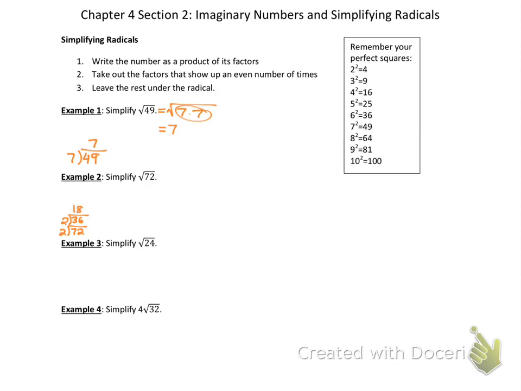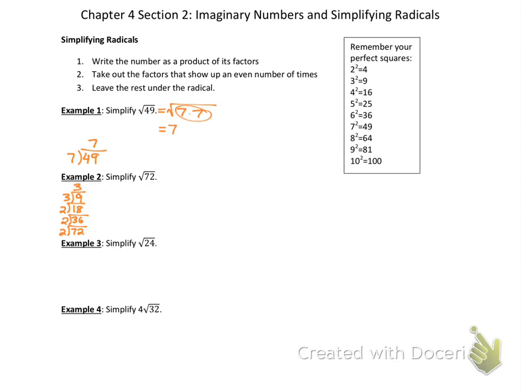You get 18. Is that divisible by 2? Yes. You get 9. Is 9 divisible by 2? No. So we're going to go ahead and try 3. Is 9 divisible by 3? Yes. And 9 divided by 3 is 3, so 3 cannot be divided by anything, so we're done.